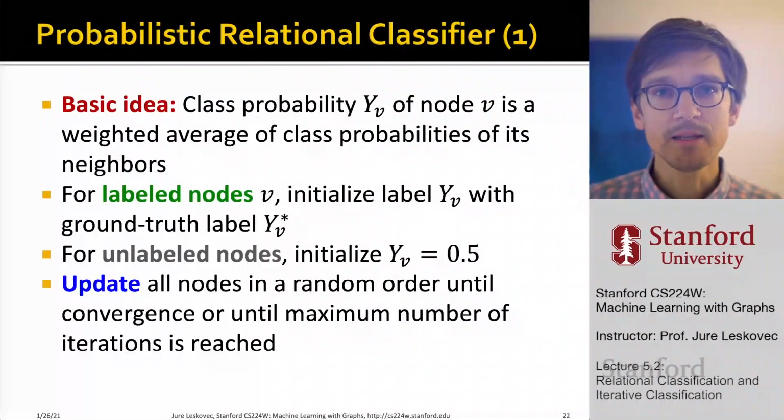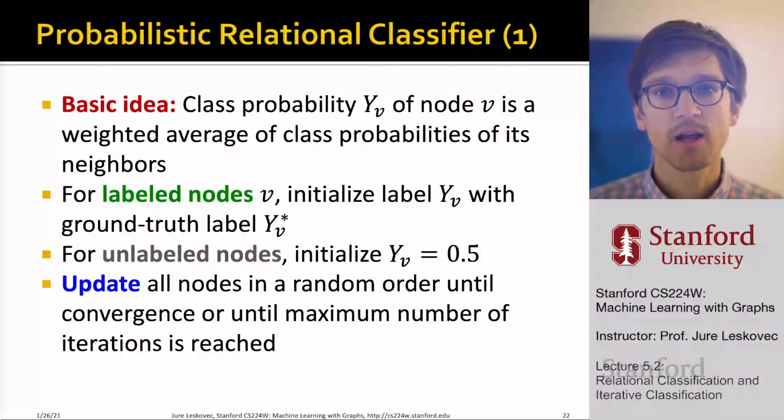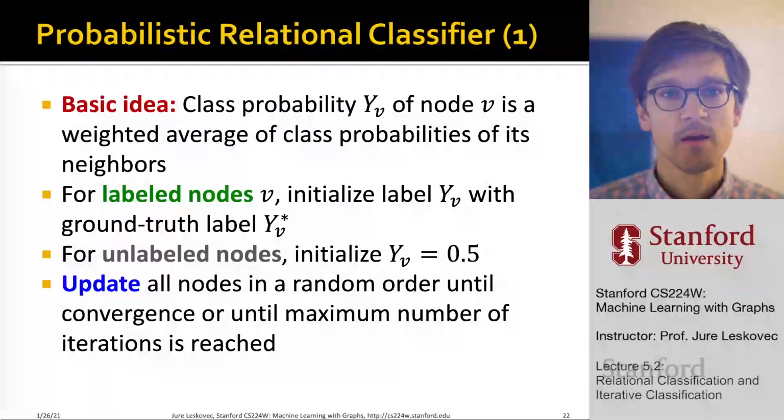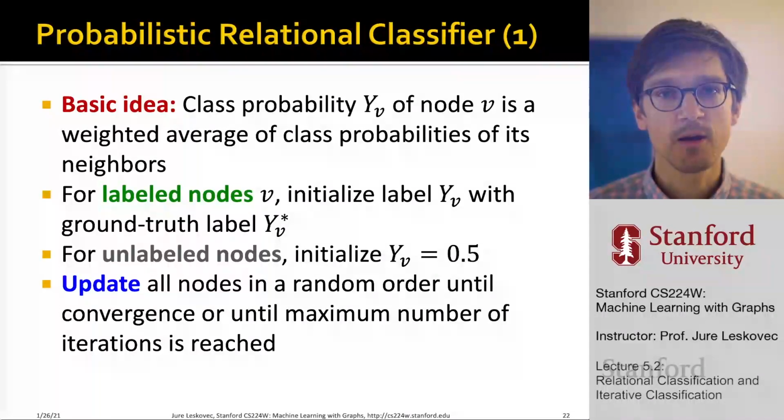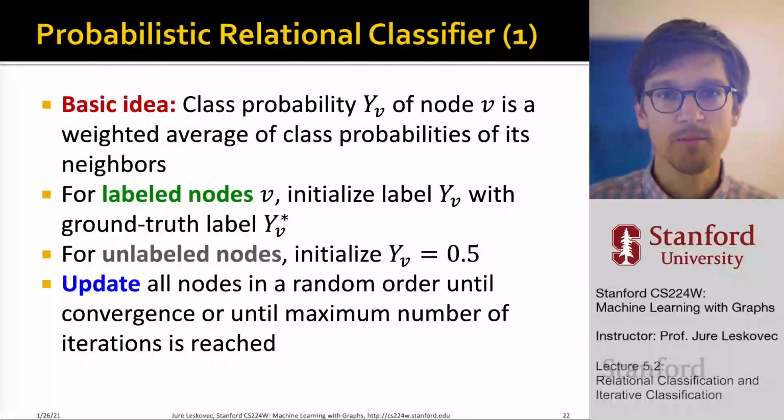So, the probabilistic relational classifier. The idea is the following. The class probability Y sub v of node v is a weighted average of class probabilities of its neighbors. This means that for labeled nodes we are going to fix their class label to be the ground truth label, the label we are given.